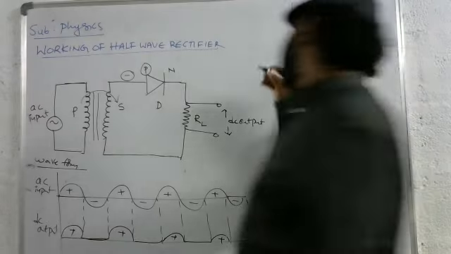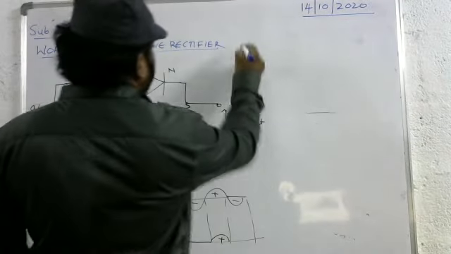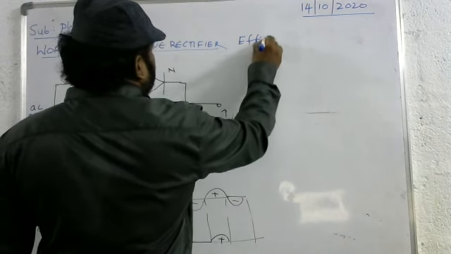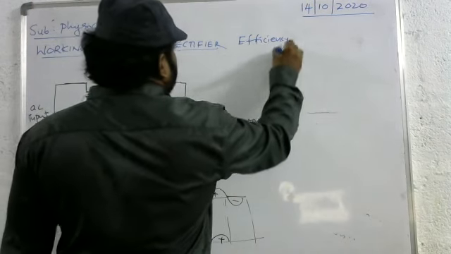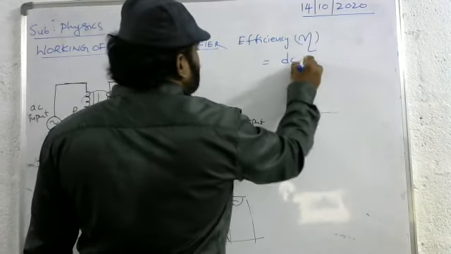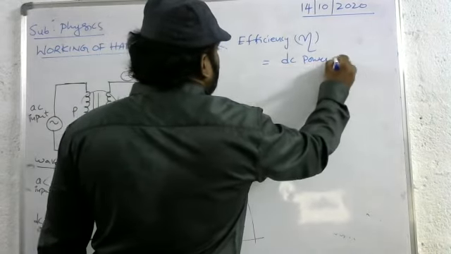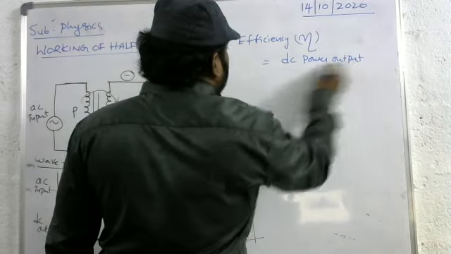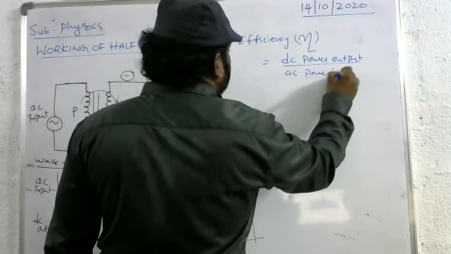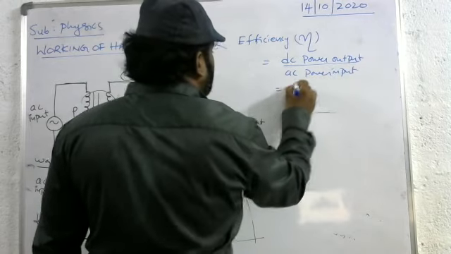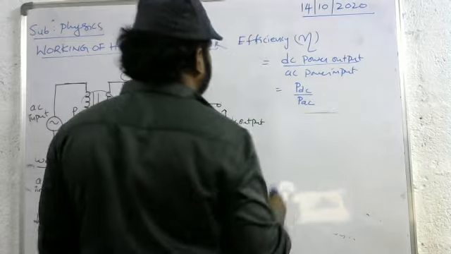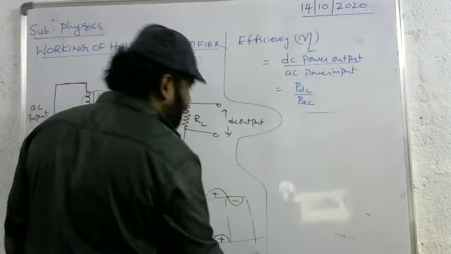Now let us discuss its efficiency. The symbol is eta. Efficiency is equal to DC power output by AC power input. We can write it as P_DC by P_AC.